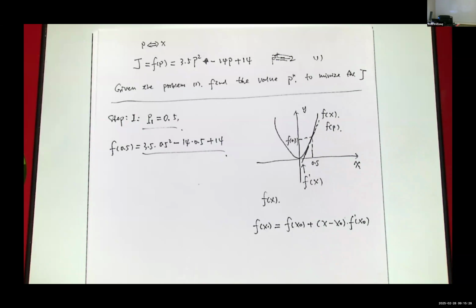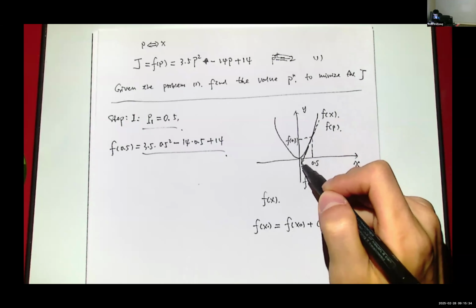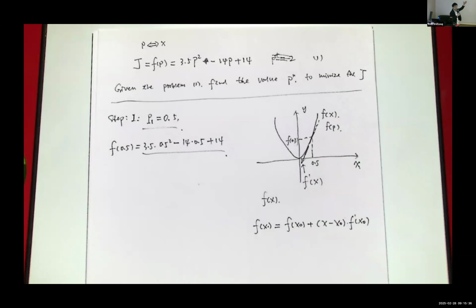The interesting thing is that the negative direction of this slope is pointing to the minimum value, if you are talking about the quadratic function.